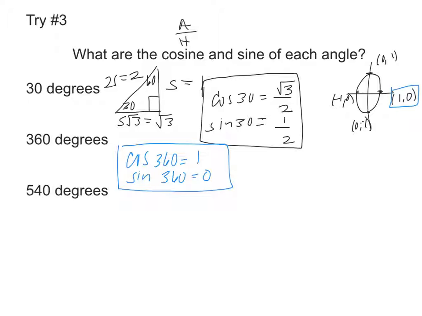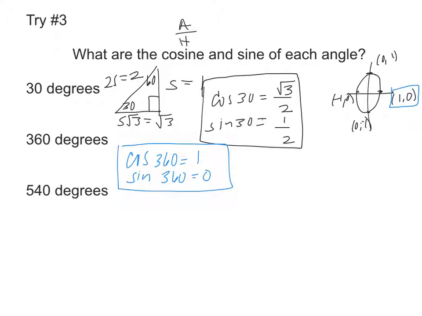And the last one, that's 540 degrees. 540 degrees is more than 360. It's more than a full revolution. So to figure out exactly where it is, what we'll do is we'll say 540 minus 360. And that's going to give us 180 degrees.